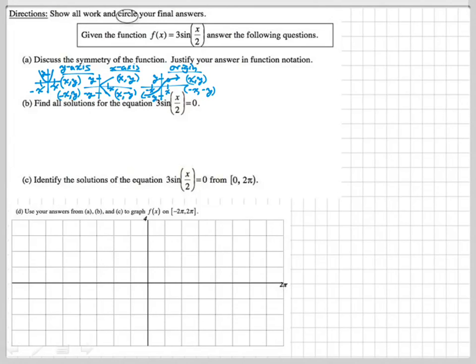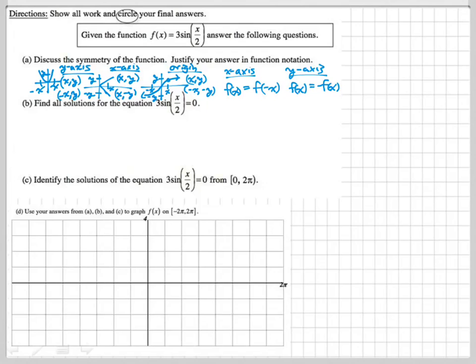Can you just tell us which ones? To have symmetry about the x-axis, to write that in function notation, it would look like this. You would plug in, f of x would be the same as f of negative x. For the y-axis, it would be f of x also equals negative f of x.